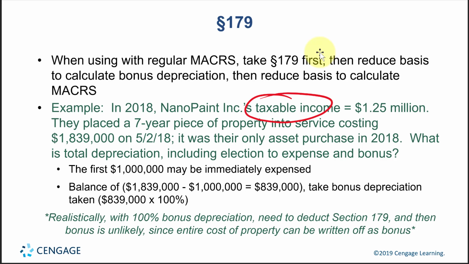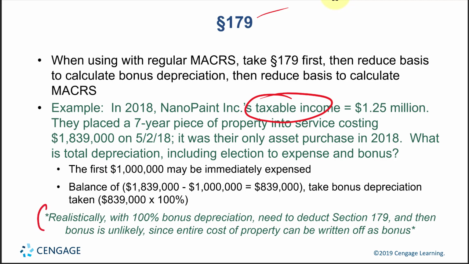In other words, you cannot generate a business loss by deducting 179. If you claim more than the amount that will bring you down to zero profit, then any excess you can carry over to next year's 179 deduction and limit it to that year.